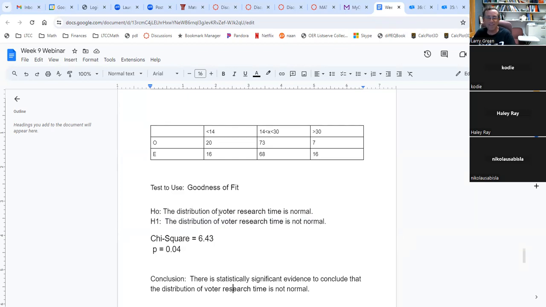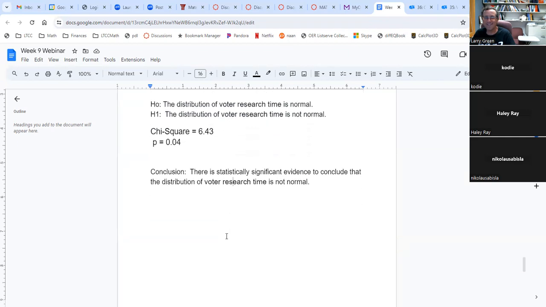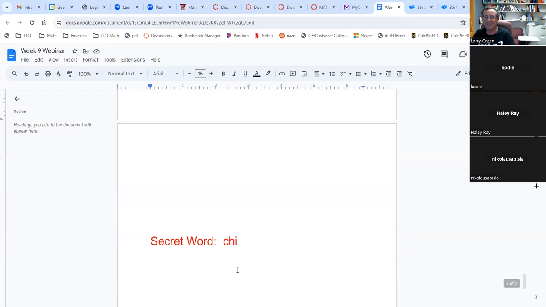So the very last thing to do, any guess? Let's see, jumping in. The very last thing to do is give you the secret word.